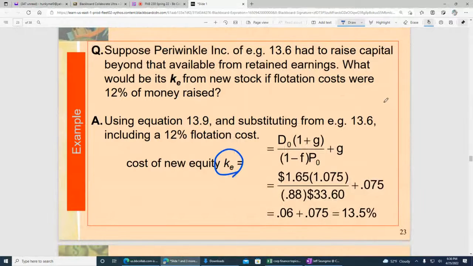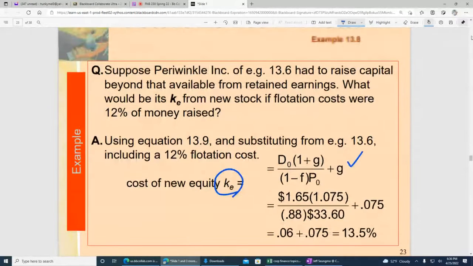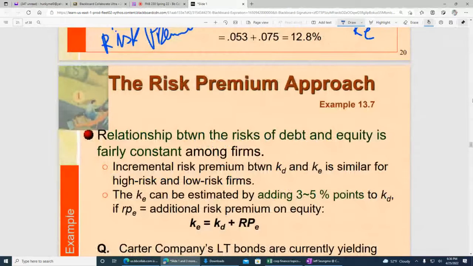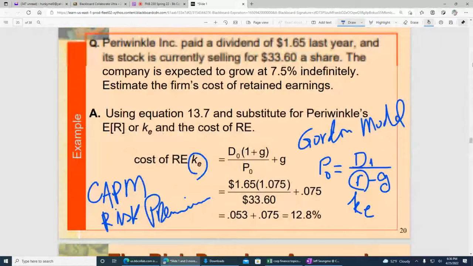Okay, so here's that example. Suppose Periwinkle had to raise capital beyond that available from retained earnings, what would be the cost of equity from new stock if flotation costs were 12%? Now, using equation 13.9, which is this, and from the scenario previously, let's go back to the scenario there, Periwinkle.